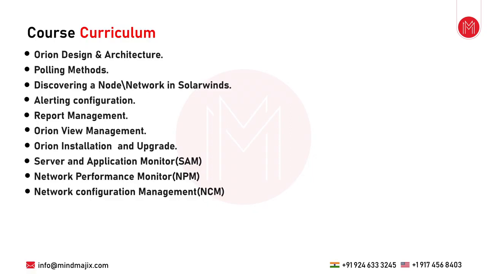These are the modules of SolarWinds. SAM is used for server and application monitoring, NPM for network performance monitoring, and NCM for network configuration monitoring. You will also learn how to manage the views of this tool, how to configure the alerting mechanism, and how to manage the reporting mechanism.